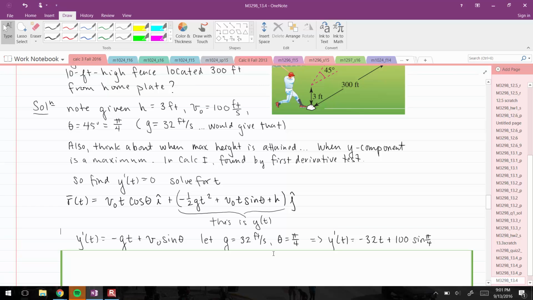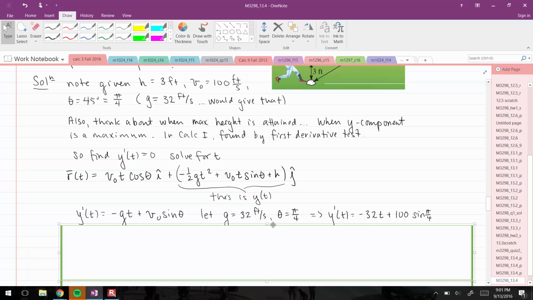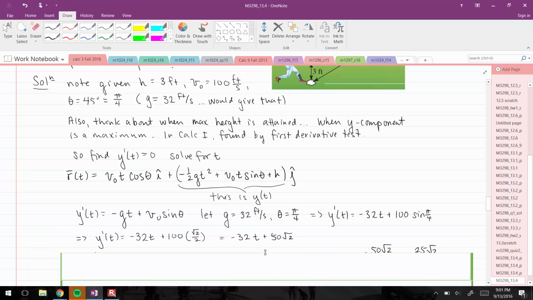Also plug in g equals 32 so that the units apply here. We also know that theta is pi over 4, and the initial velocity is 100. So we plug all that in, set it equal to 0, and do a bit of algebra to solve for t.